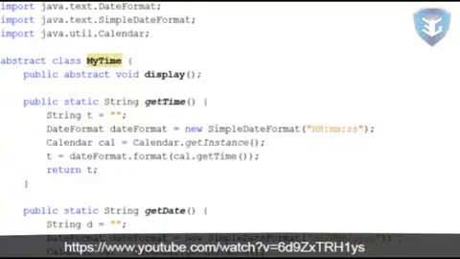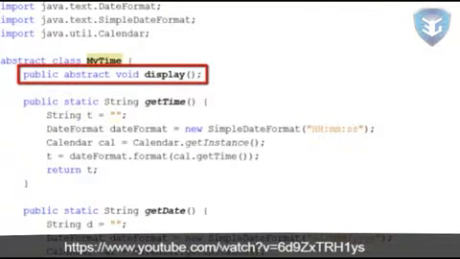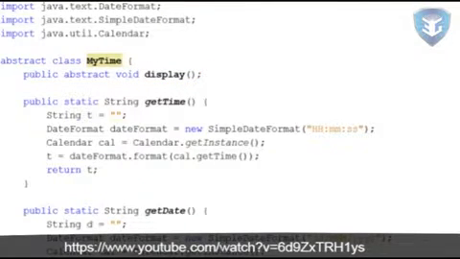And that means that the user must implement them when they create their program. So I'm going to have public abstract void display, and I'm going to ensure that the user has a display method in their program. I can also create other methods that are coded.